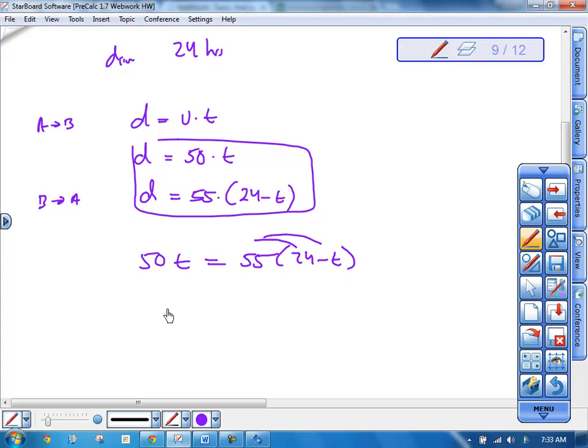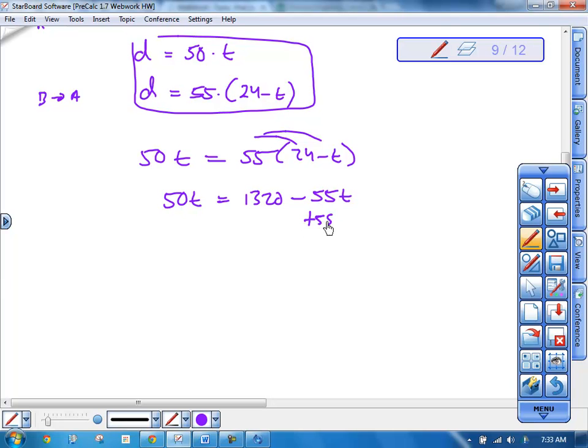Distribute the 55, and that gives us 1320 minus 55T, and then we can add 55T to both sides. It gives us 95T equals 1320, divide both sides by 95.